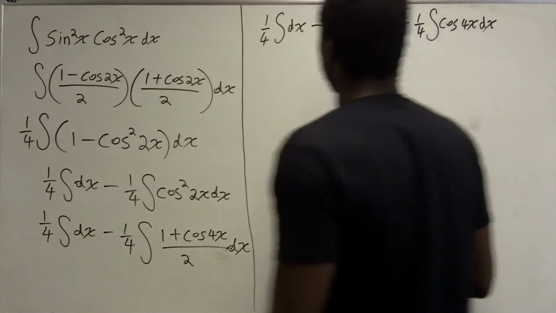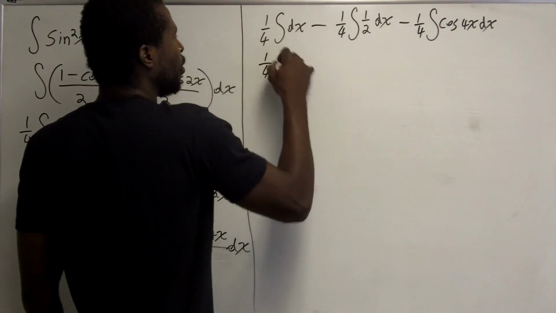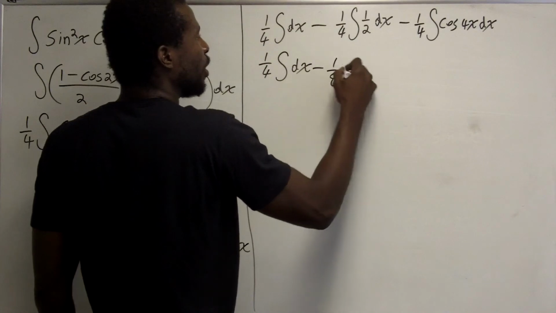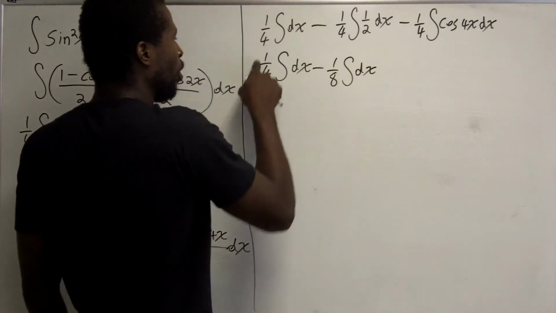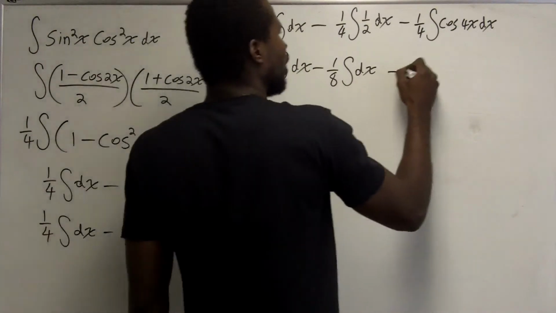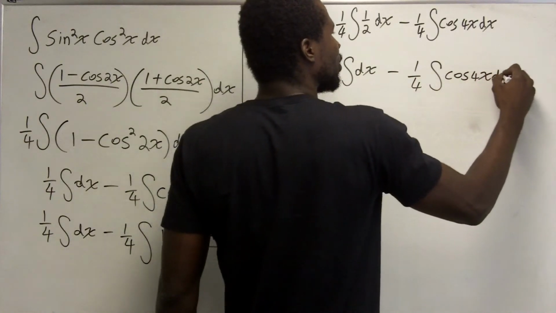Okay, let me clean this up a little bit. This is 1/4 the integral of dx. This is negative 1/8 the integral of dx. So I have 1/4 of that integral minus 1/8 of that integral, then minus 1/4 of the integral of the cosine of 4x dx.